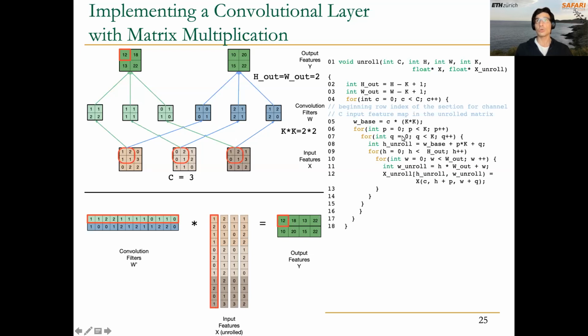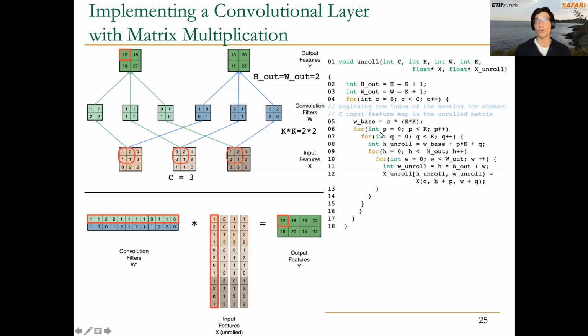The next thing to do is to actually unroll the corresponding tile, and observe that because the size of the tile is the same as the size of the convolution filter, K by K, we have to go this way. We have to go first the first row of the tile, then the second row of the tile.